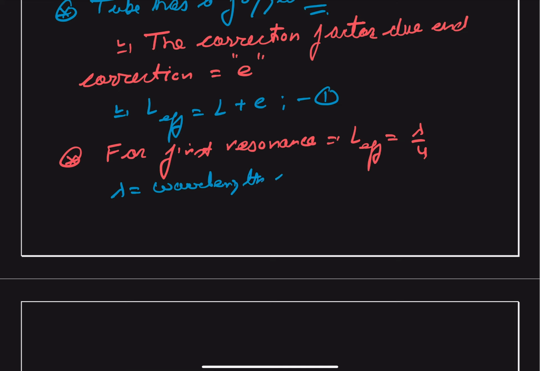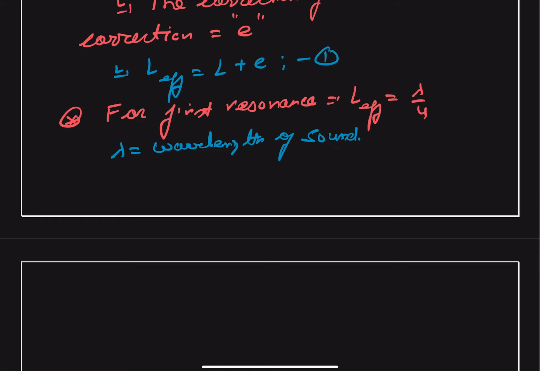And if v is the velocity of the sound, then v will be equal to frequency multiplied by lambda.